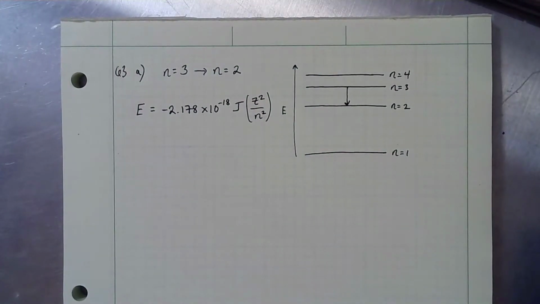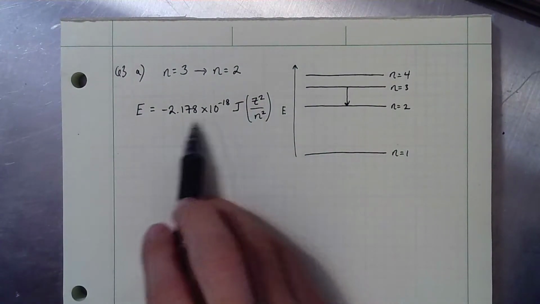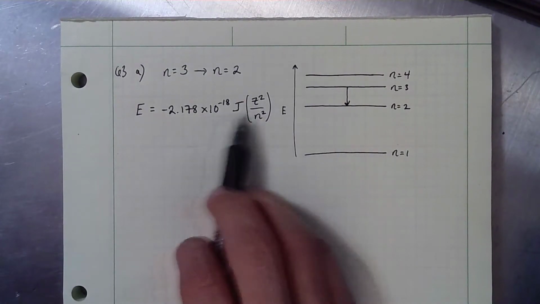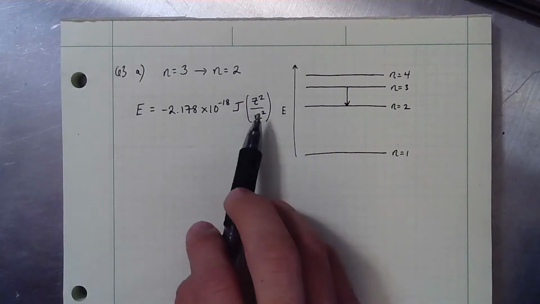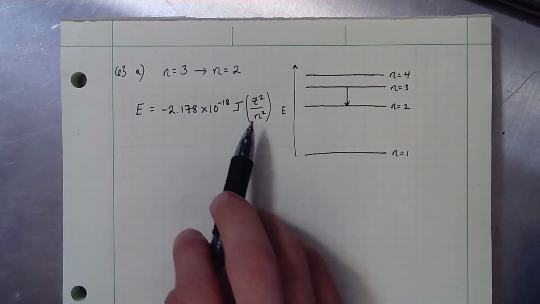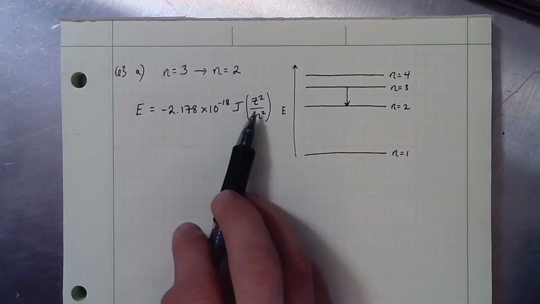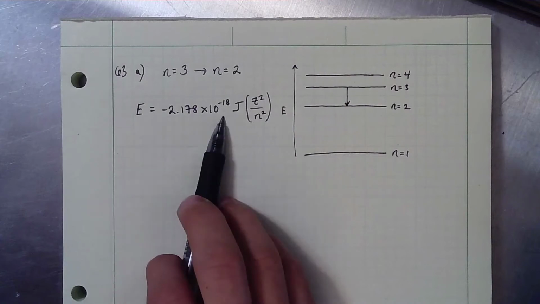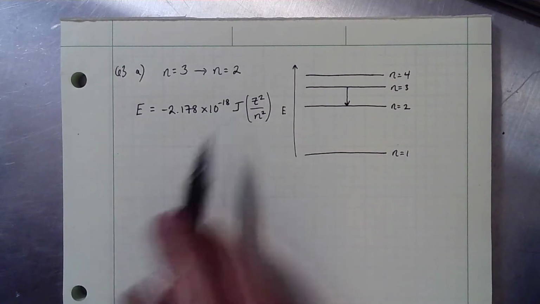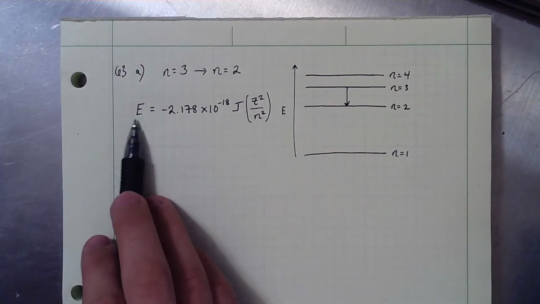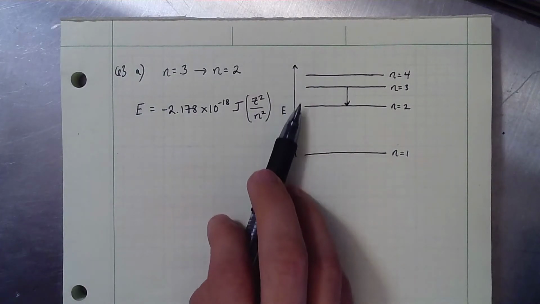It's kind of weird that the unit is in between this number and this factor here, which is going to end up being a number as well. Don't worry too much about that. Basically, we're going to be taking whatever this value comes out to be, multiplying it by this negative number here, and that's going to be our energy. Now, this is just going to be our energy for one of the levels.